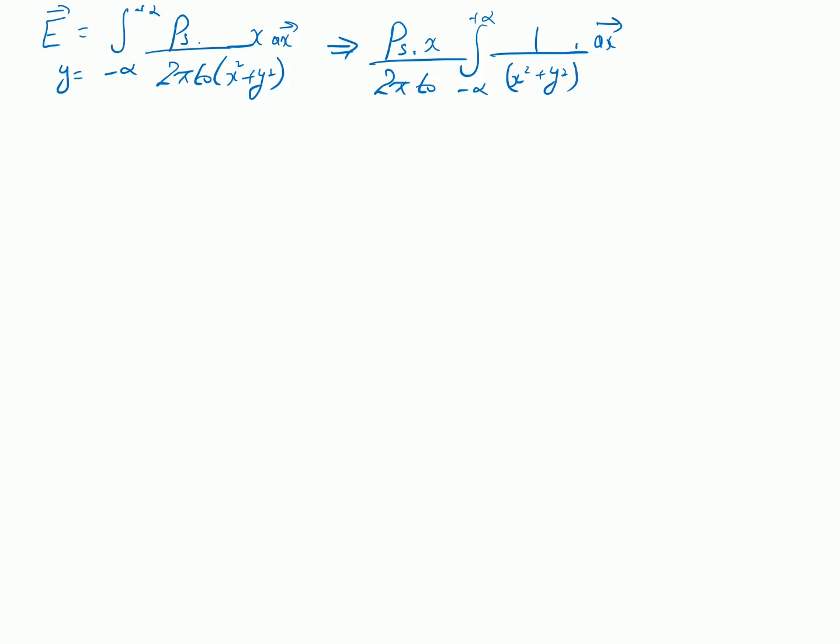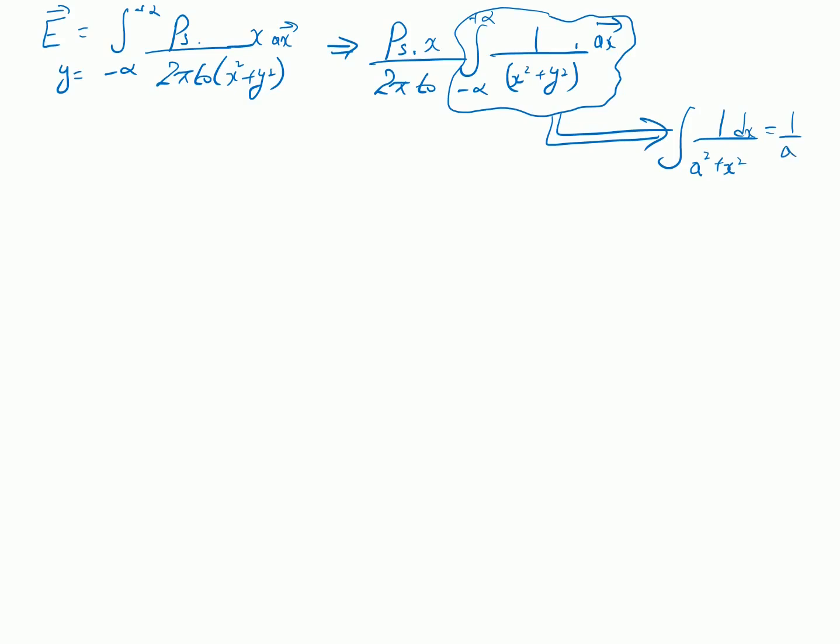So I can solve this integral by using the identity, and the identity is as such. Whenever we have an integral of 1 by a square plus x square along dx, it can give me 1 by a tangent inverse x by a. So using this identity I can solve for my integral.